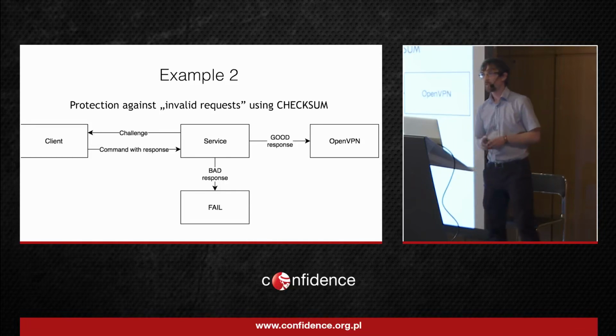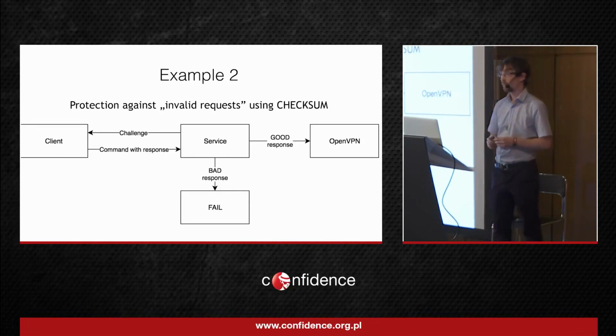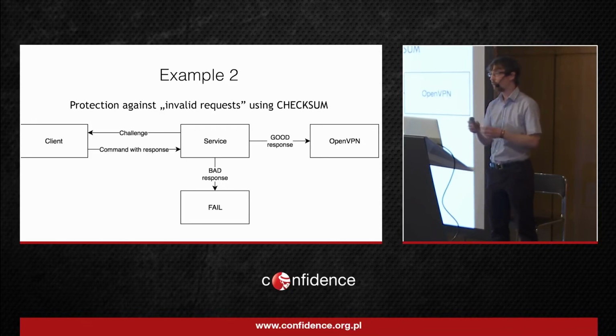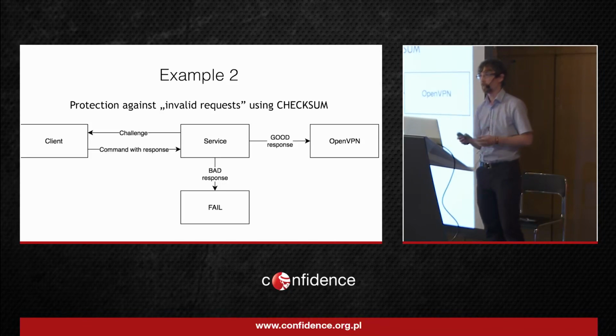When you want to send a command to the service, first you get a challenge from that service, and you need to somehow calculate a response for this challenge. The response is some XOR operation or some mathematical calculation on the challenge, and only when you send the proper response for a specific challenge will your command be executed.